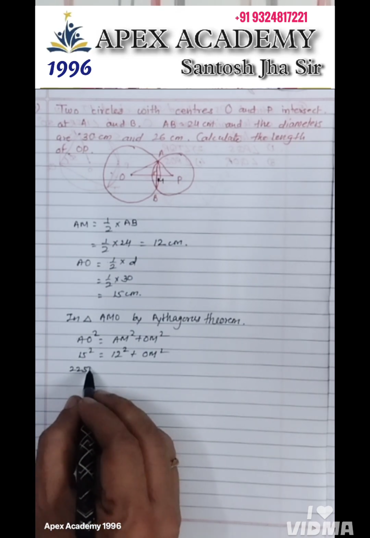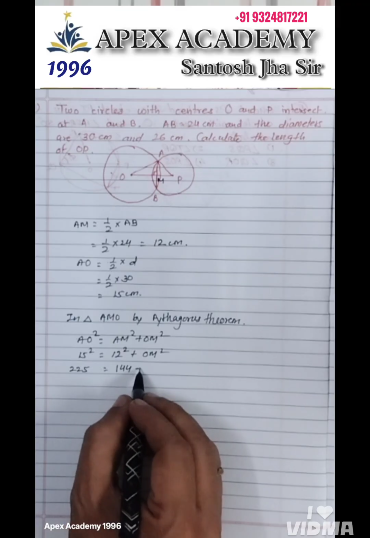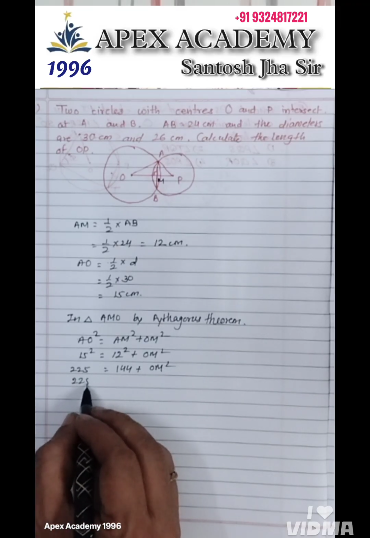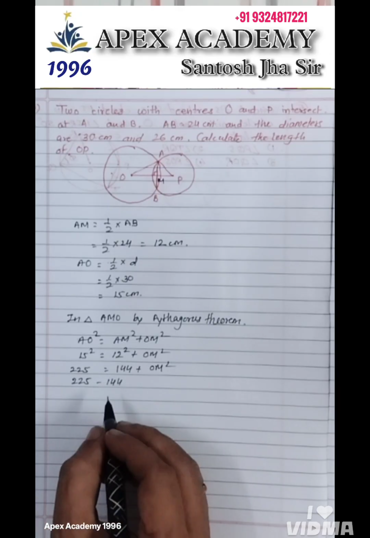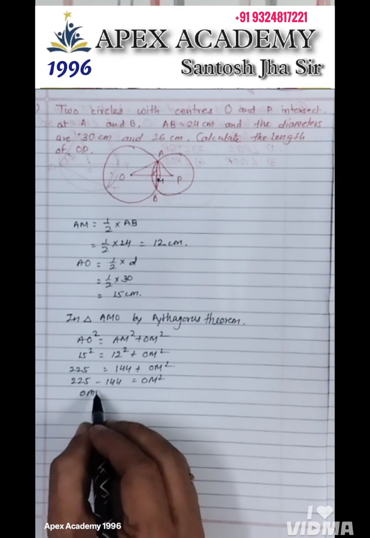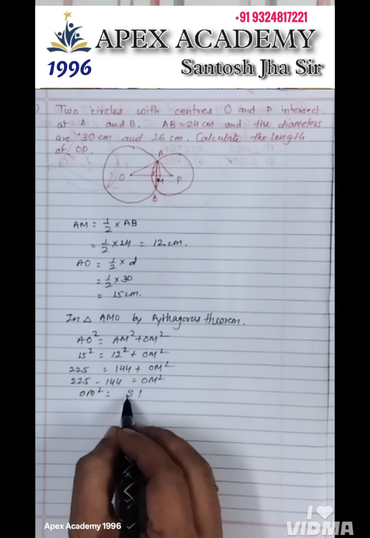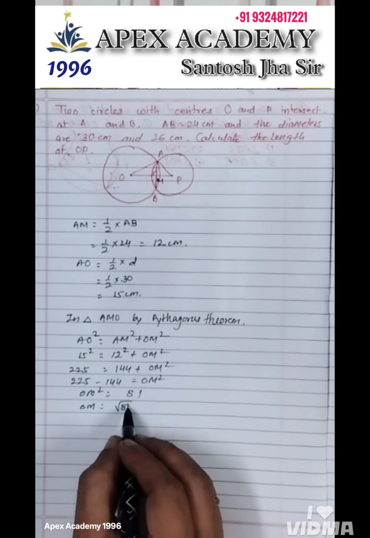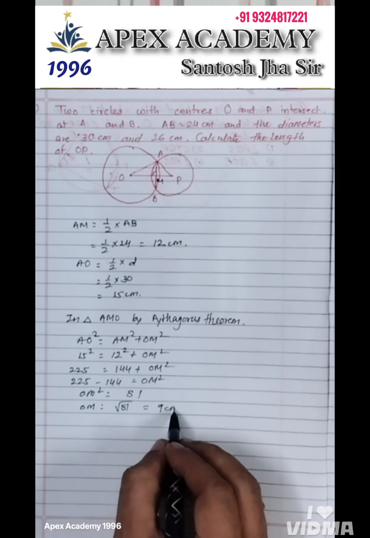This is 225, this is 144 plus OM square. So now shift this: 225 minus 144 is OM square. So OM square is equal to 81. So OM is finally root of 81, that is 9 centimeter.